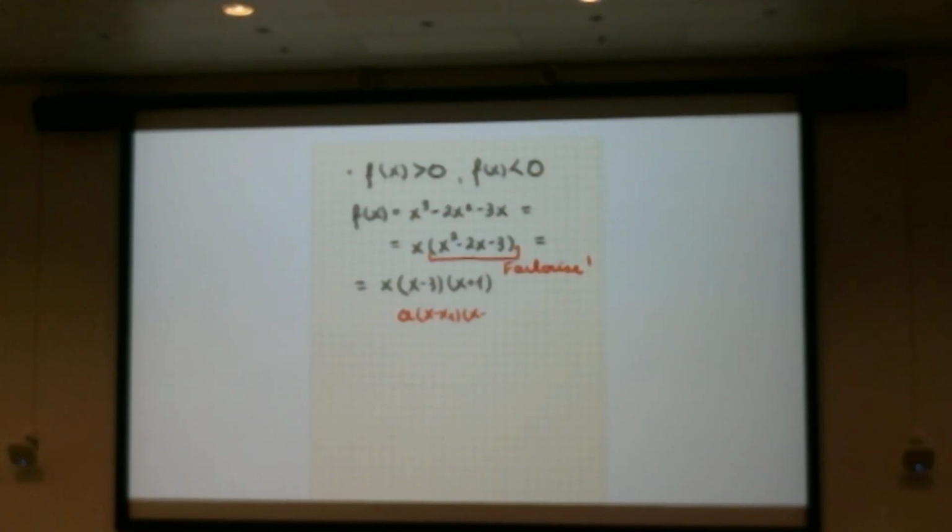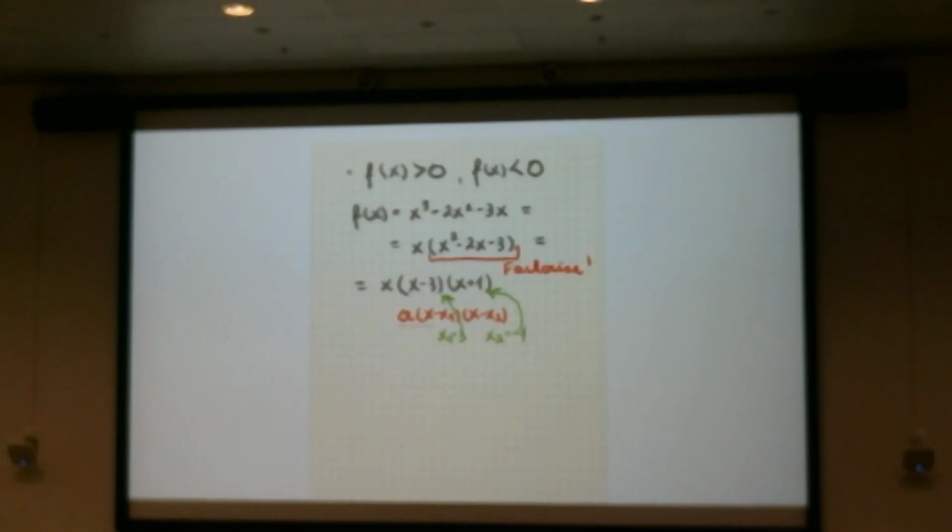Right? So here I'm using factorization formula. A, x minus x1, x minus x2. So I'm using factorization formula, and in our case, x1 was 3, x2 was minus 1. So therefore, I plugged in this one here, and I plugged in minus 1. And minus turned into plus.